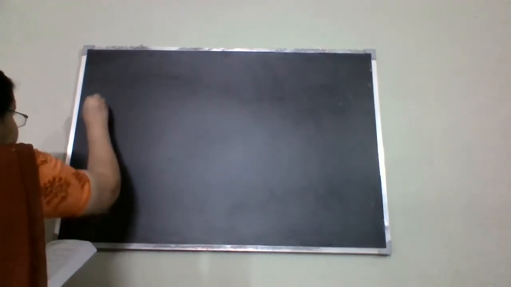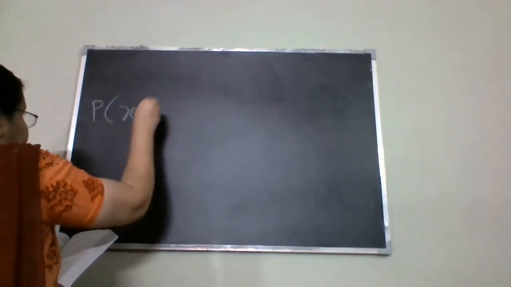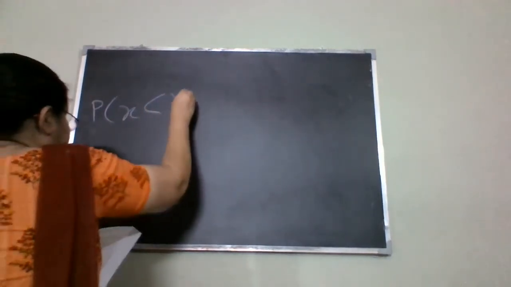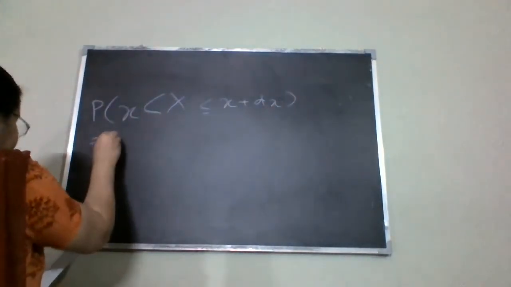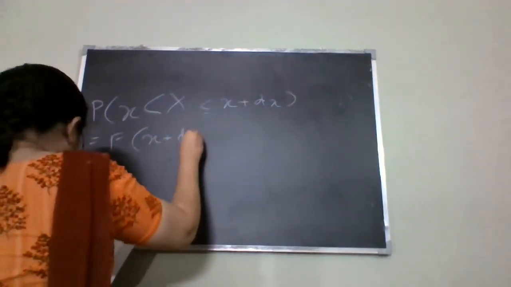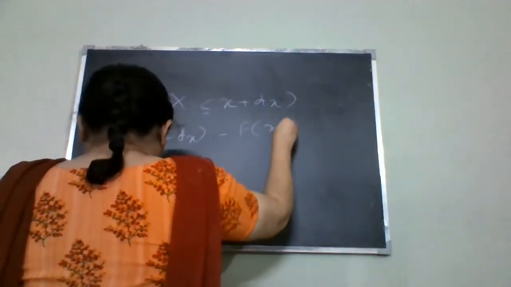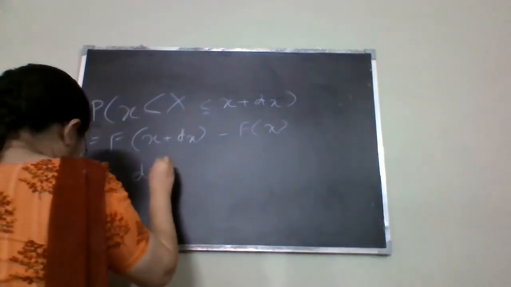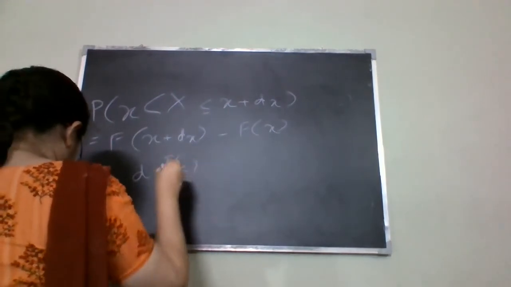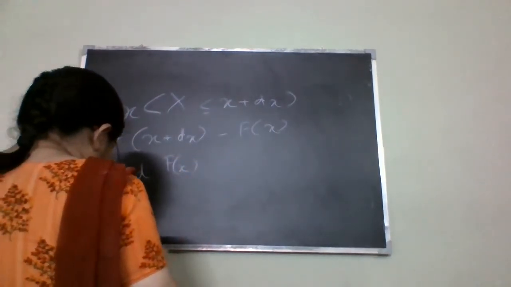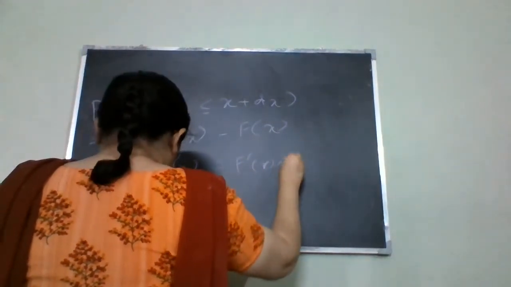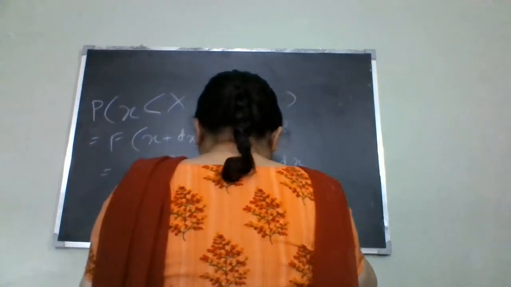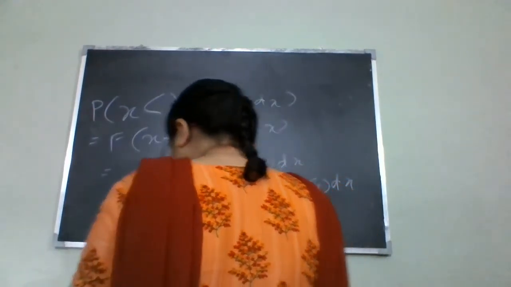In differential notation, we will have P(x < X ≤ x + dx) equal to F(x + dx) minus F(x), that is equal to dF(x), that is equal to F'(x) dx, that is equal to f(x) dx. Please follow this sequence-wise.